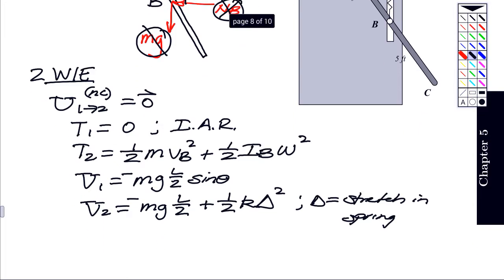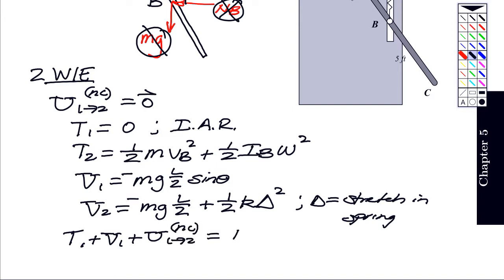So therefore, what we have for the work energy equation is T1 plus V1 plus the work done in going from 1 to 2 by non-conservative forces is equal to T2 plus V2.